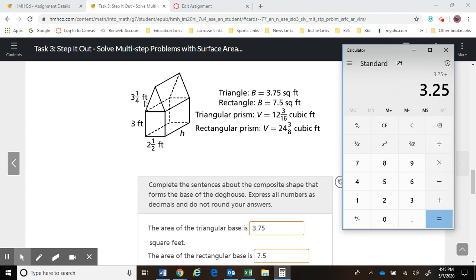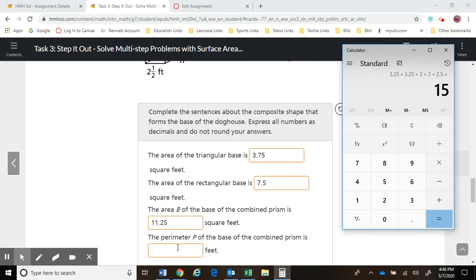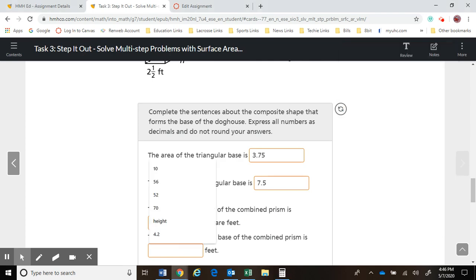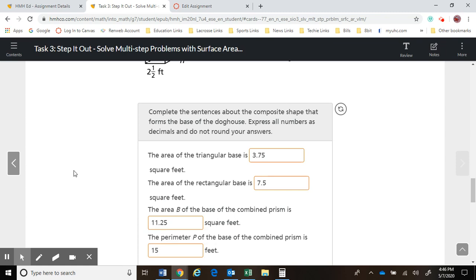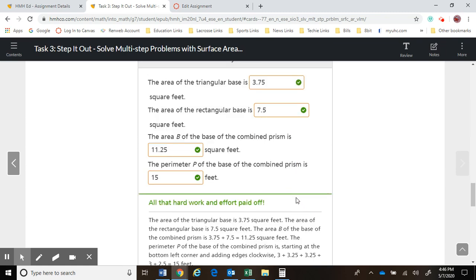That covers these two sides. Then 3 plus 3 plus 2.5, and that covers the bottom. The perimeter of it is 15. Okay, check it.